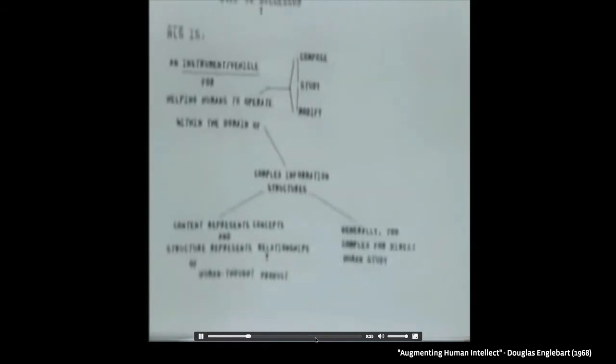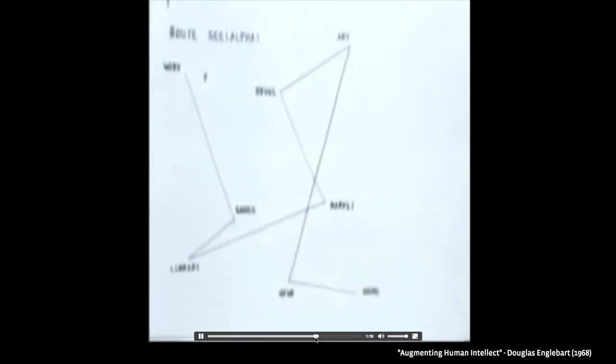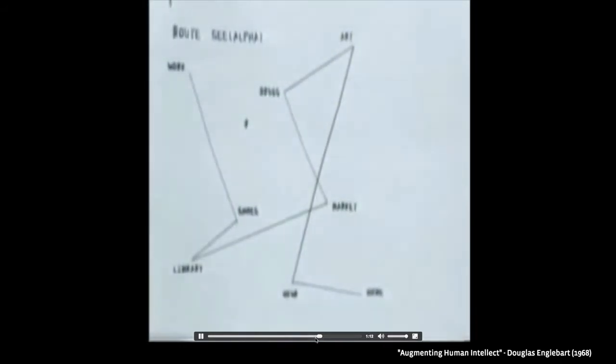So look at this. We've got a node link diagram in the first user interface. The first graphical user interface had this representation of a graph. I'm going to see if I can scrub through here a little bit.